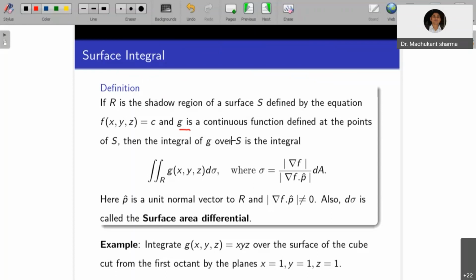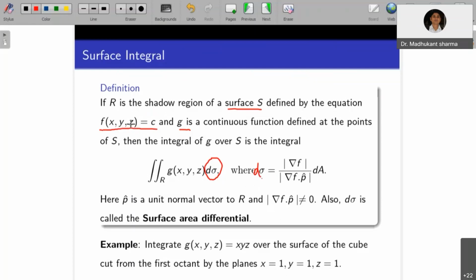So that was the idea to give a formula for a surface integral of a scalar valued function g over the surface S. Here d sigma is the surface area differential. When the surface S is given by this equation, the surface area differential is proportional to the area element on the shadow region. You look at the shadow of the surface S over a two-dimensional plane.